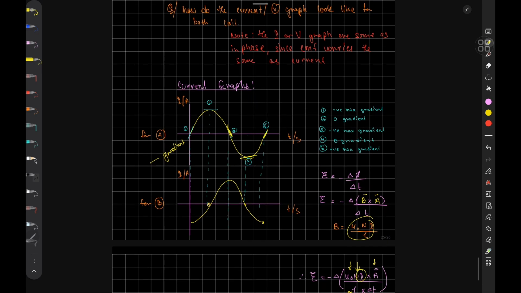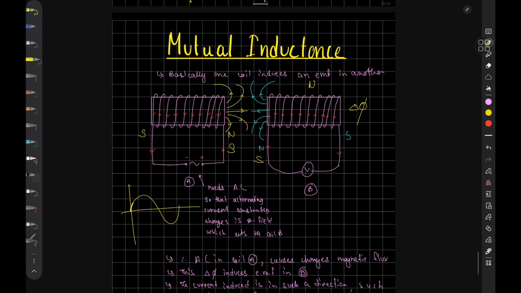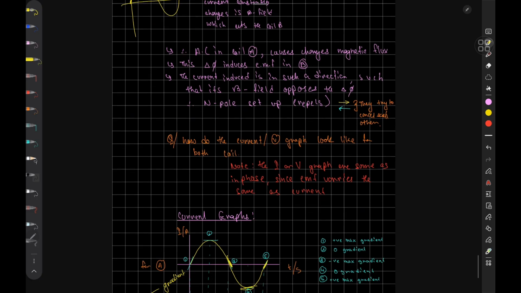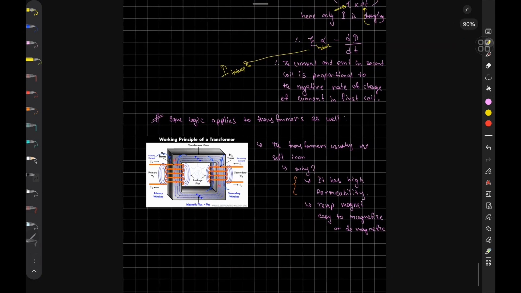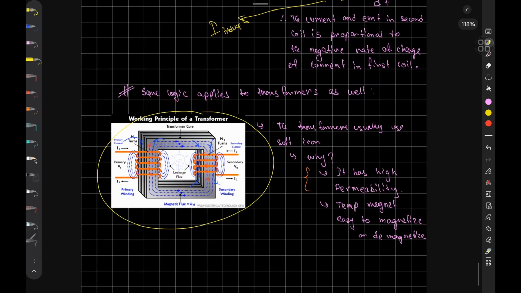Granted, this is the shape of the current in the primary coil. So this is alternating current over here, and this is alternating induced current in the secondary coil. Both of them will have alternating current, and that is always true. Otherwise you can't have induced current, you can't have mutual inductance. In essence, that is pretty much it. And you see this is pretty much what we just explained.